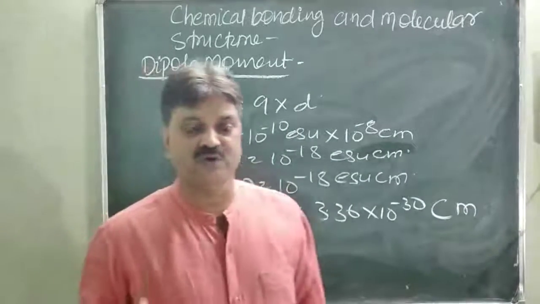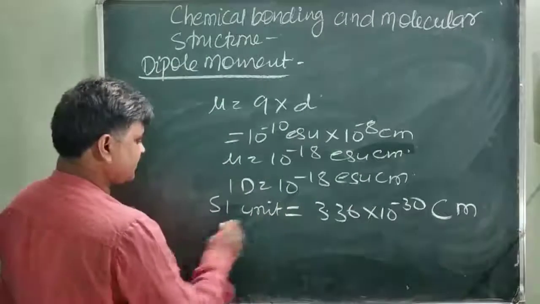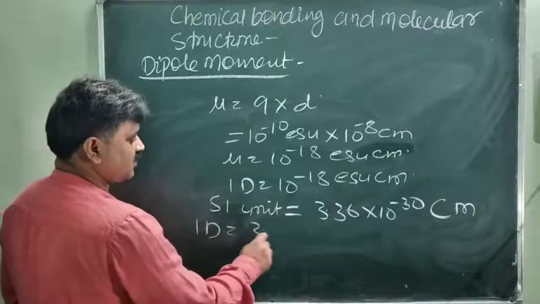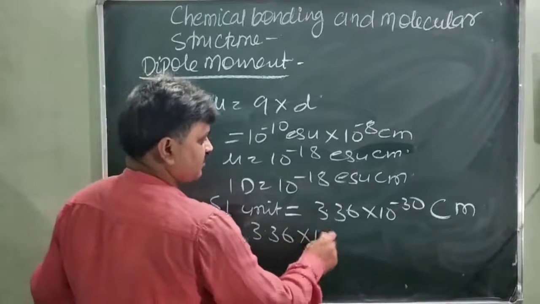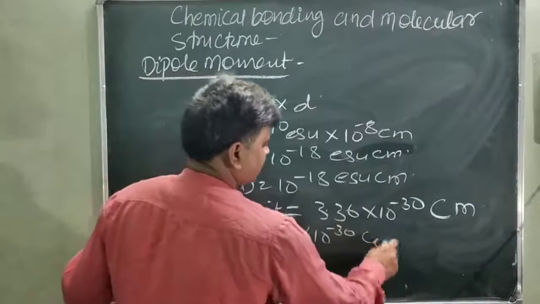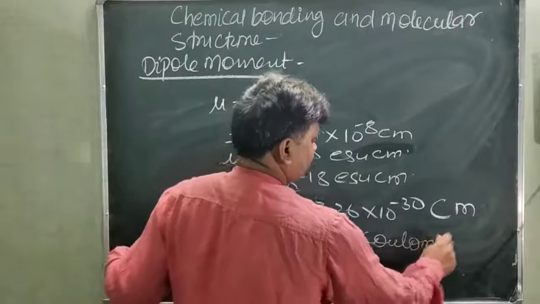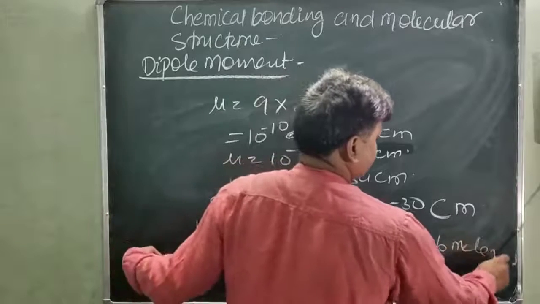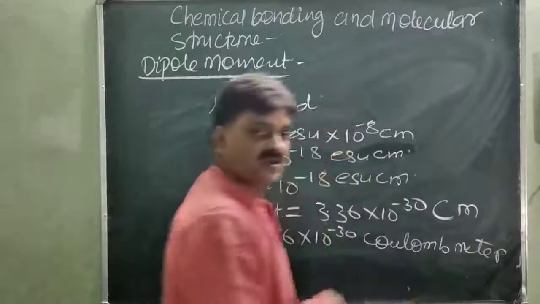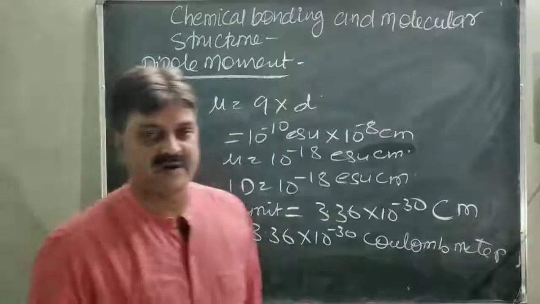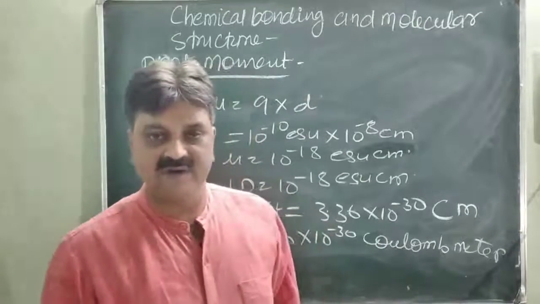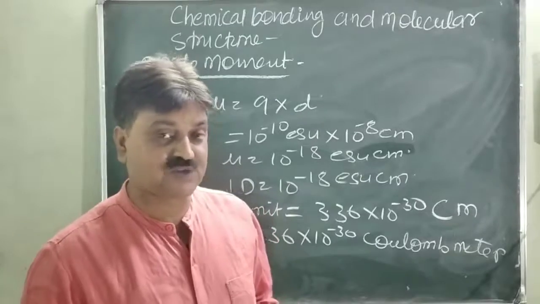So 1 Debye is equal to 3.36 into 10 power minus 30 coulomb meters in SI unit. Is it clear? This is the dipole moment, and I would like to explain it in a very simple way.